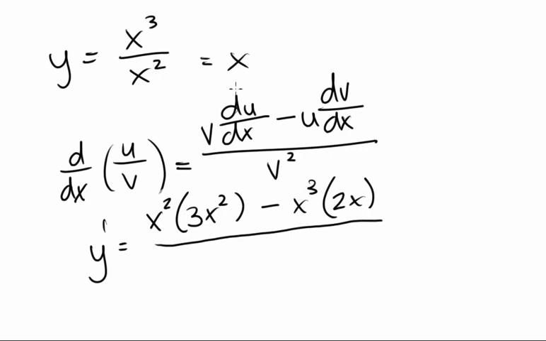So x squared squared is x to the 4th. And you might already see how this is going to simplify. So let's multiply that across. So we're going to get 3x to the 4th minus, so we got 6x to the 4th. Hold on, did I make a mistake here?